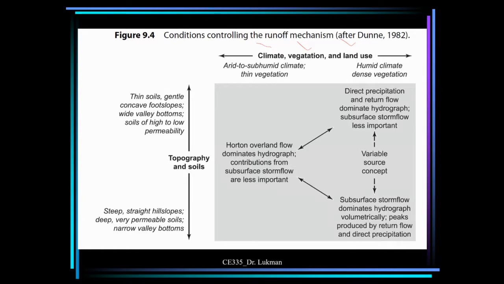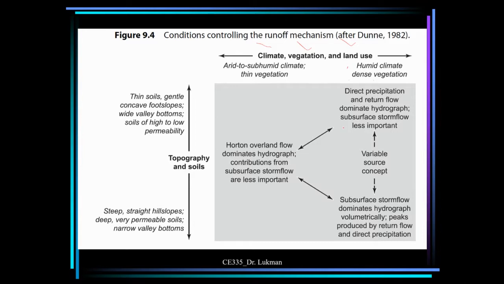So arid to subhumid climate, thin vegetation, and then here you have humid climate, dense vegetation. Humid, like I said, is when you have high humidity. So Horton overland flow dominates the hydrograph. Contributions from subsurface storm flow are less important.